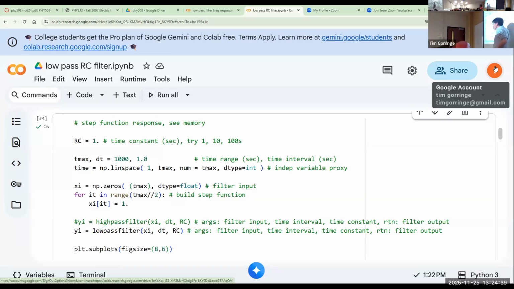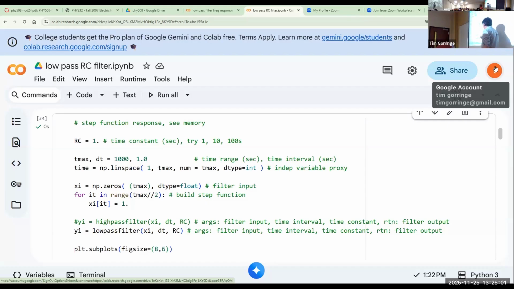And then the remainder will be the initialized values here. So I'm creating a step that is a whole bunch of 1s and then a transition down to 0.